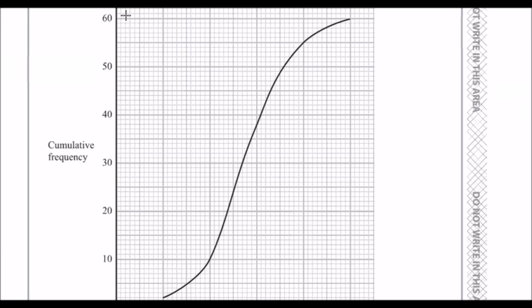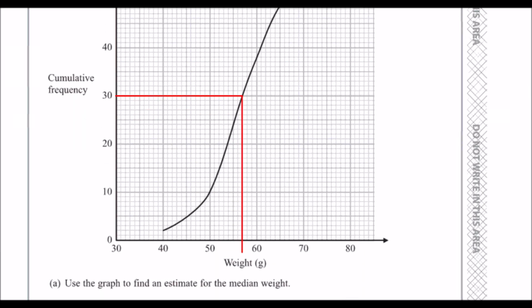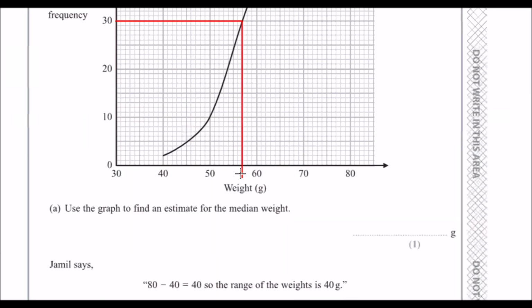So the 30th potato is where we've got 30. So we're going to go along to the curve and then down. So that gives us 57. So that's 57 grams.